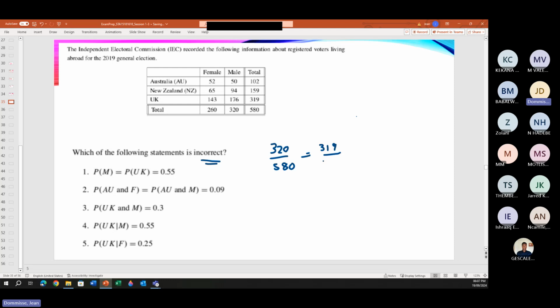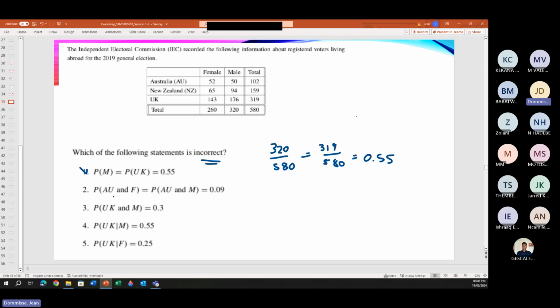So if you round those two off to 2 decimals, you will get the same, but let's see if it is equal to 0.55. So 319 divided by 580 is 0.55. So that is correct. Unfortunately, looking again for the incorrect one.